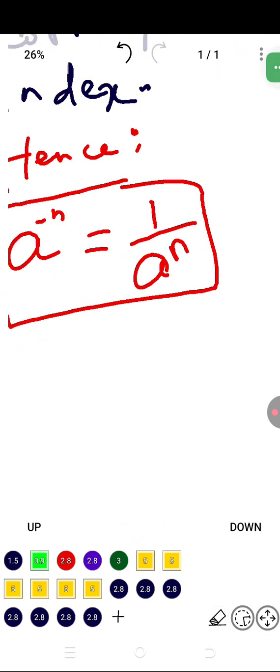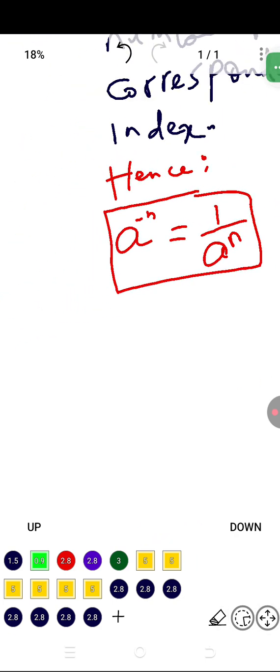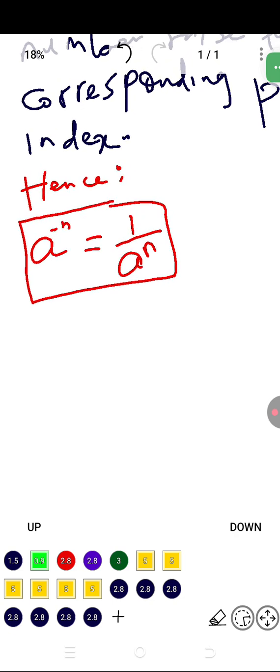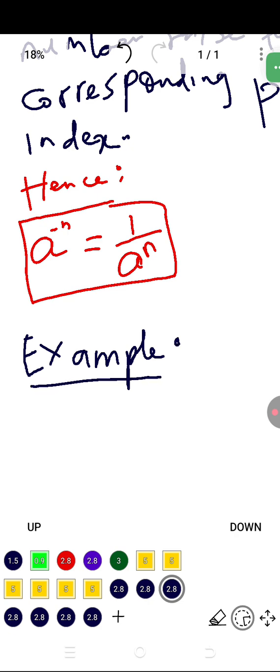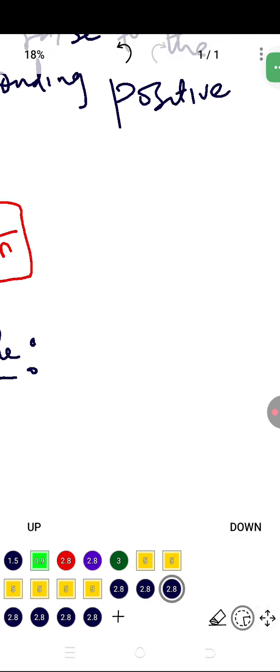So let's take an example using one of the laws we've done before. Let's say we are using the division law to take an example on negative index. Example, simplify.